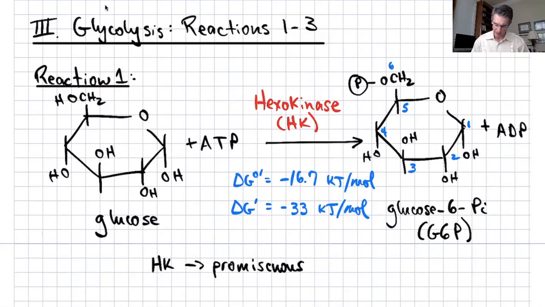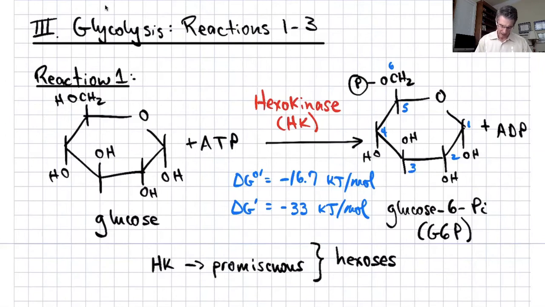So hexokinase can phosphorylate a lot of different hexoses for the purposes of running them into glycolysis or for other purposes, right? So it'll work on a lot of different hexo sugars, but glucose is one of the main sugars that's going to go down this pathway. So it's one of its big substrates.